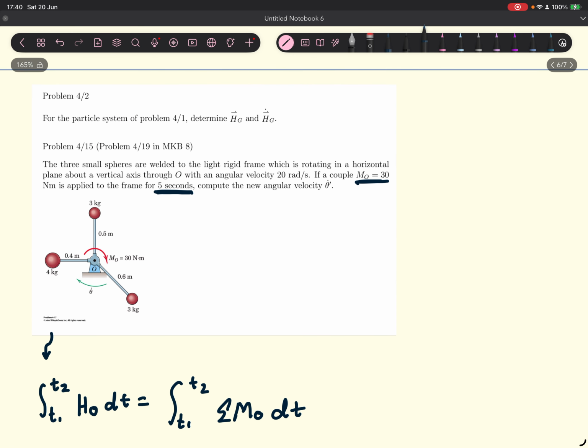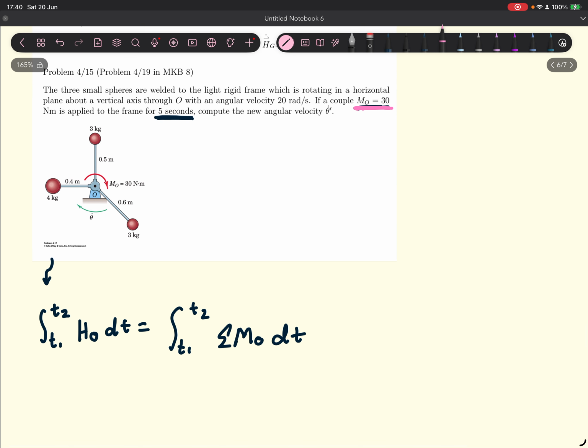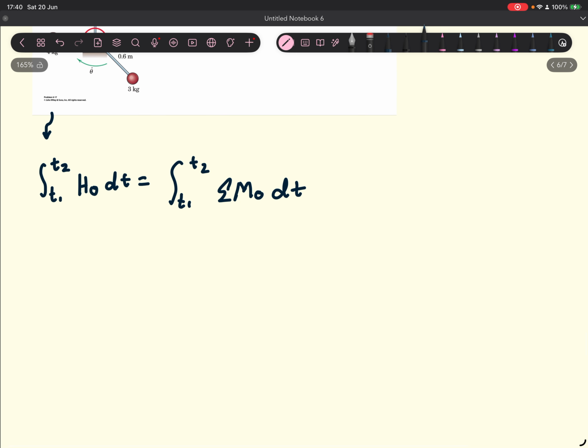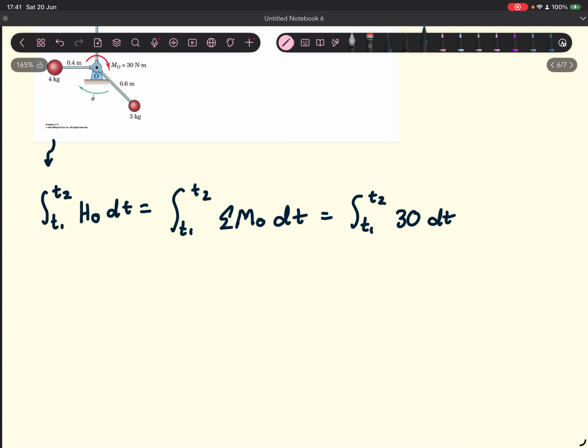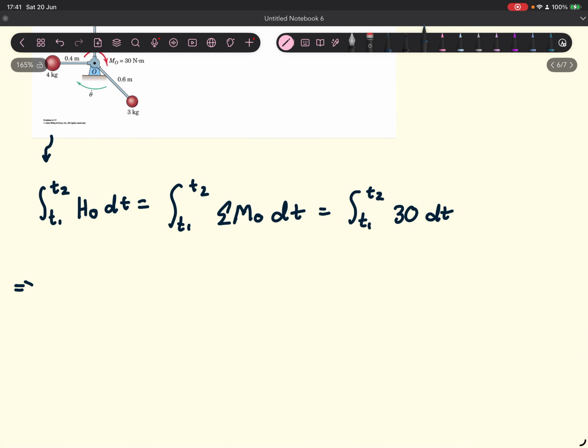Now, in this scenario, we have a couple moment of 30 applied to the frame, and we're not told that it changes with time, so we can assume that it's constant. So this integral will simplify to the integral from t1 to t2 of 30 dt, and since 30 is a constant, I'm just going to simplify this to delta HO.